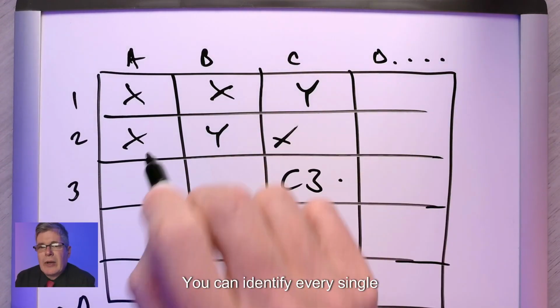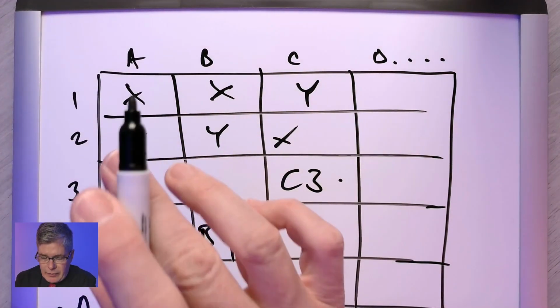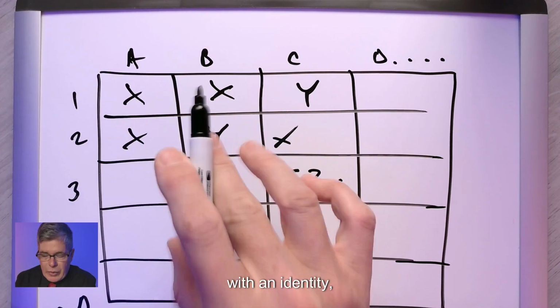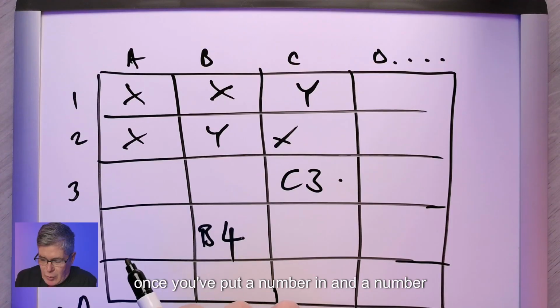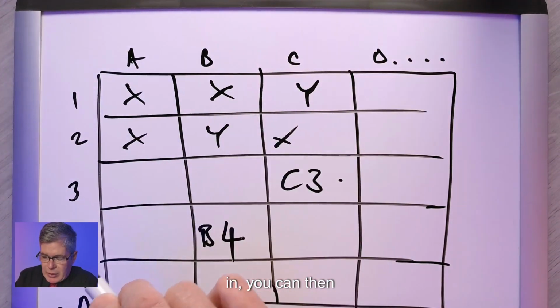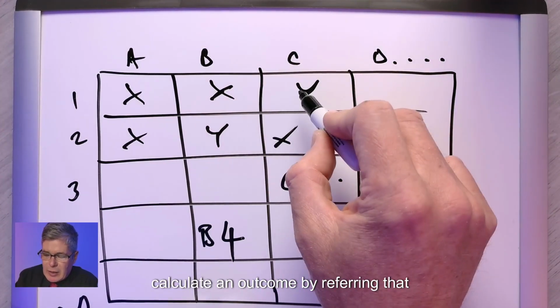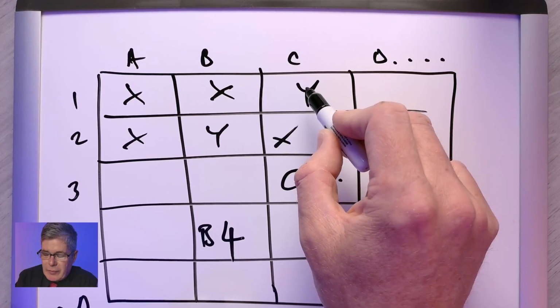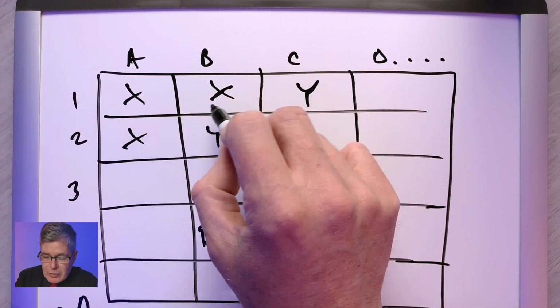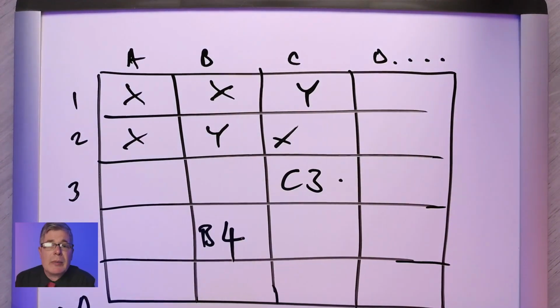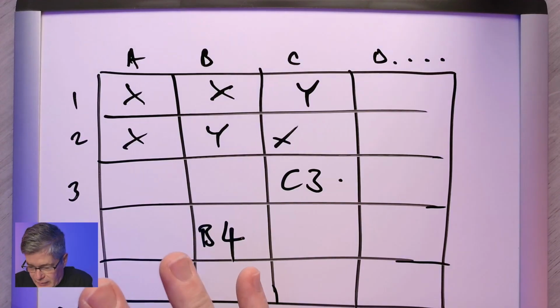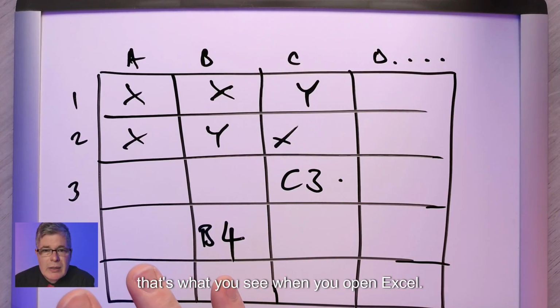You can identify every single block with an absolute unique identity of its own. And once you've put a number in and a number in, you can then calculate an outcome by referring that field to any 2, 3, 4 multiple fields by name. So that's what you see when you open Excel.